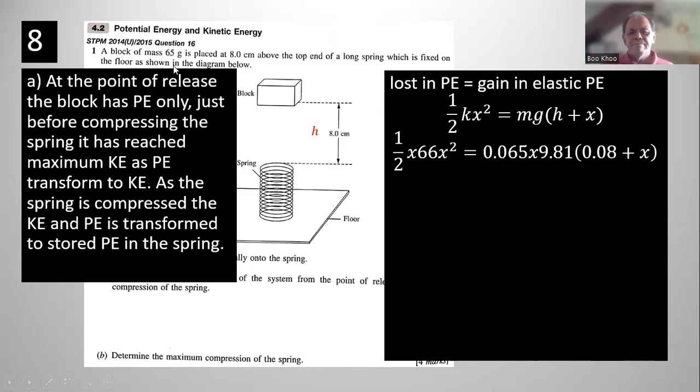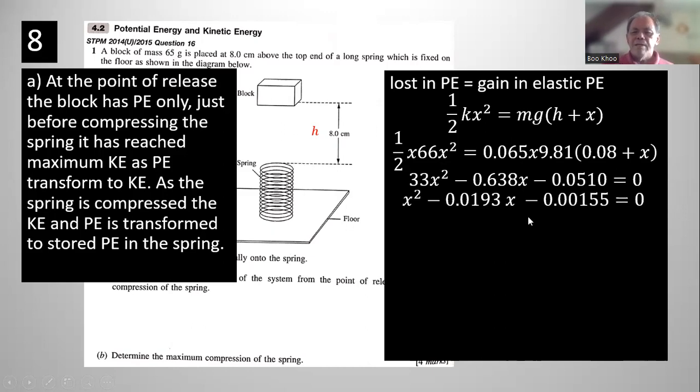Then put in your value. That's your mass. Spring constant. Half x squared, x is what we want to find. Then m converted to kilogram. g 9.81. And that one, change it to meter plus your compression. Okay. Simplify it, take all to one side. If you want, you can simplify or solve it from here.